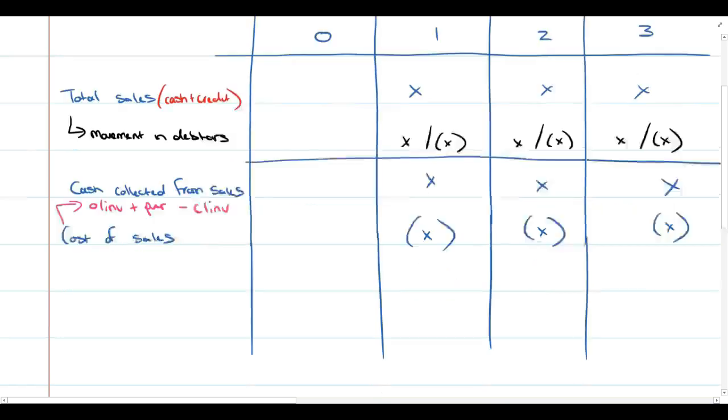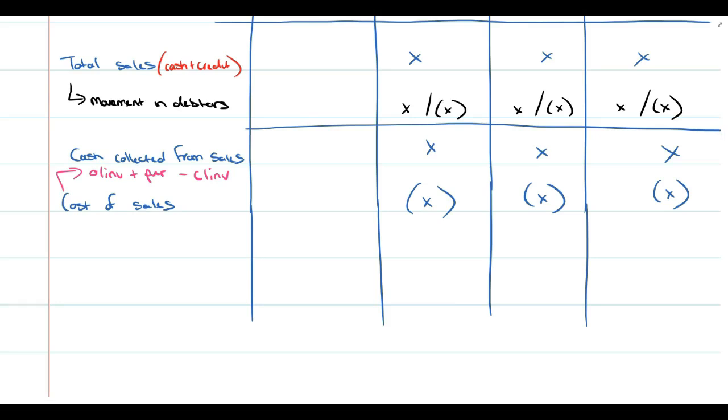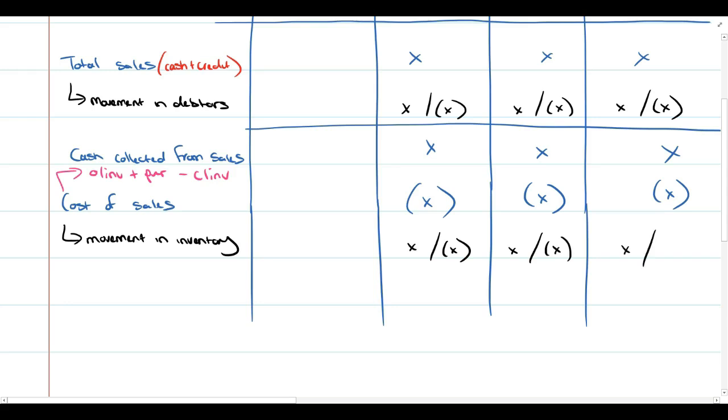So, I'm now going to take the movement in inventory into account. And by taking the movement in inventory into account, what am I going to now be left with? If I take the movement in inventory into account, I'm now left with my purchases.